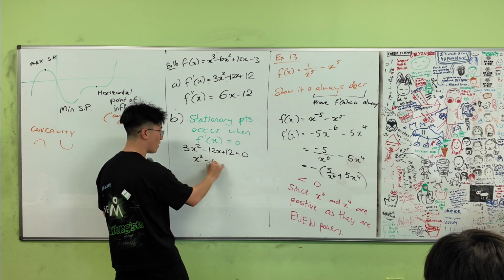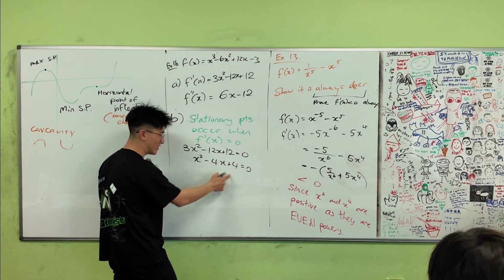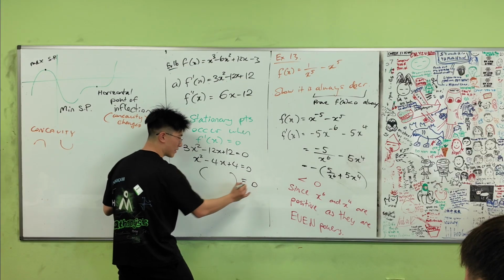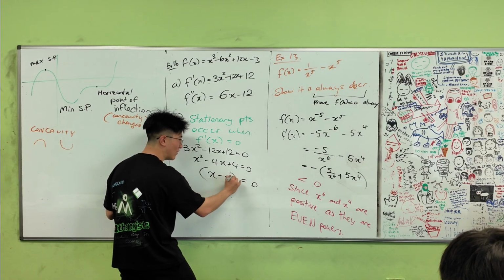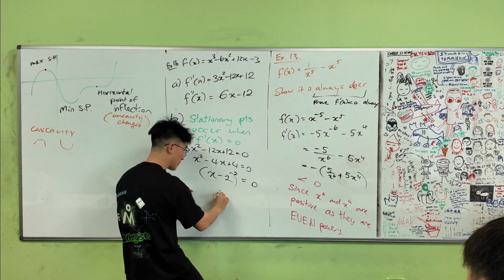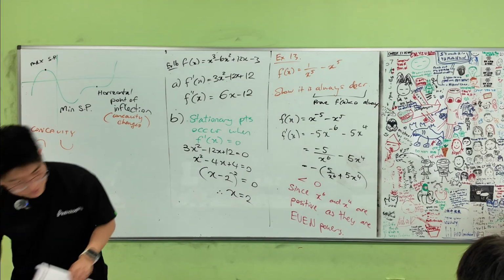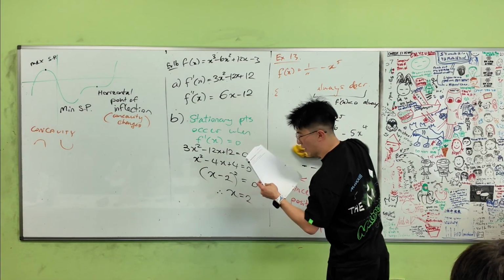There should be 2 solutions, shouldn't there? Quadratics usually have 2 solutions, but this one factorizes into a perfect square, x minus 2 all squared. If you didn't see that, just factorize as usual and you'll see x minus 2, x minus 2. I only have one solution for this.